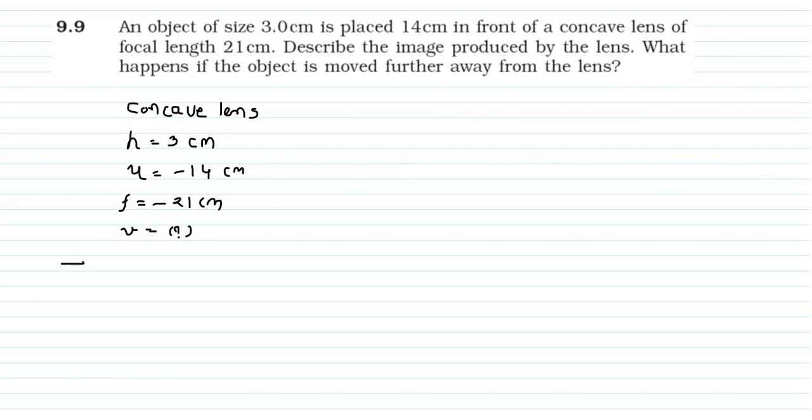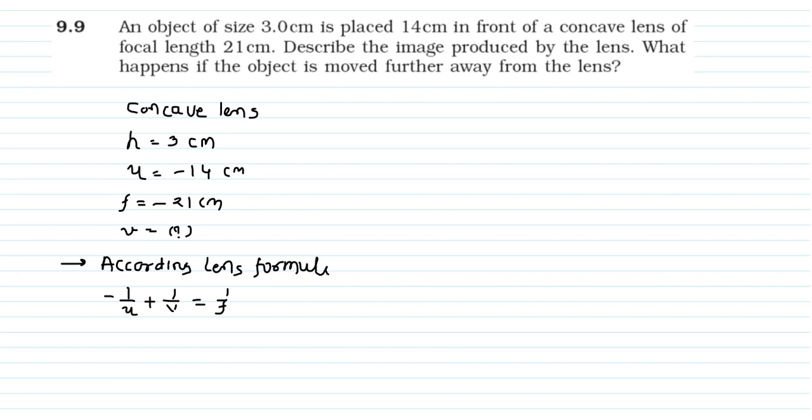So here we'll use the lens formula. According to the lens formula, we can say that minus 1 upon u plus 1 upon v is equal to 1 upon f.